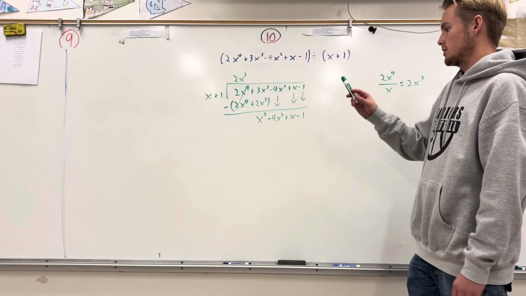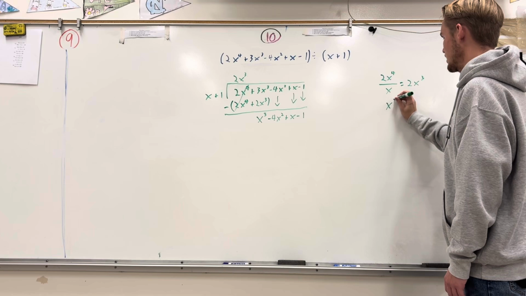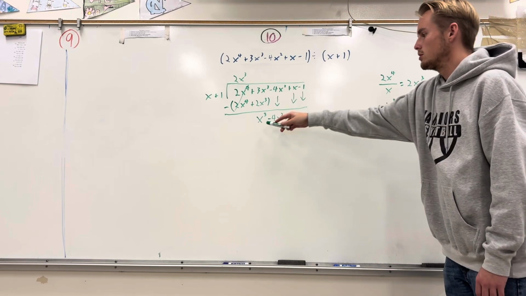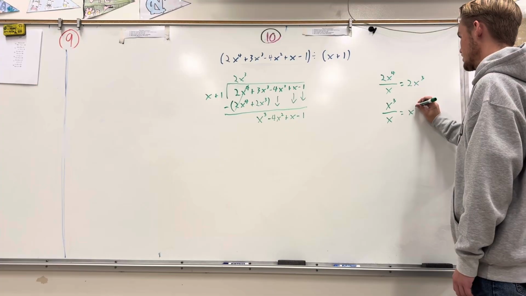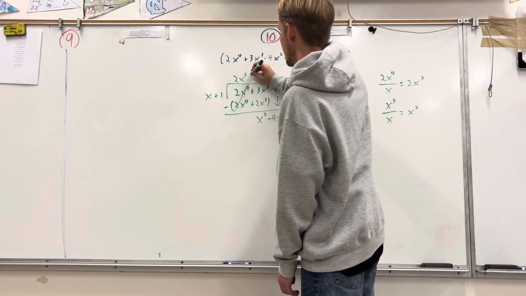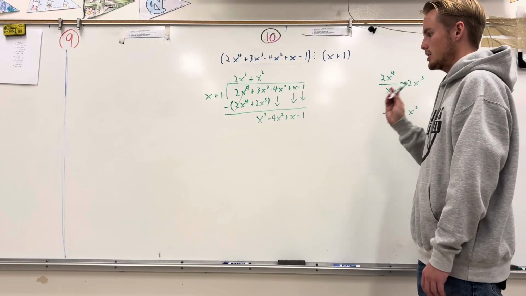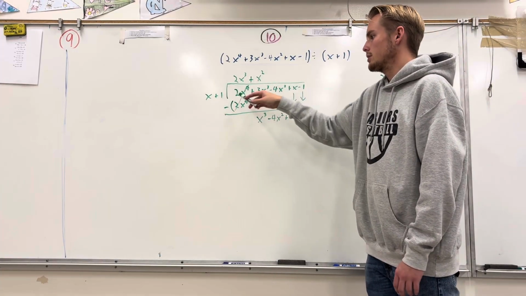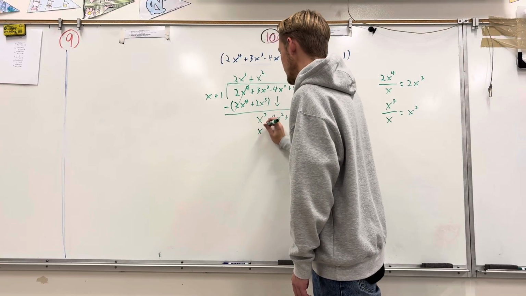So we're taking now x cubed, our new leading variable, and dividing it by x. And we get x squared. And so up top, we put plus x to the power 2. And then once again, we're multiplying x squared by both of these. So x squared times x, that gives us x to the power 3.